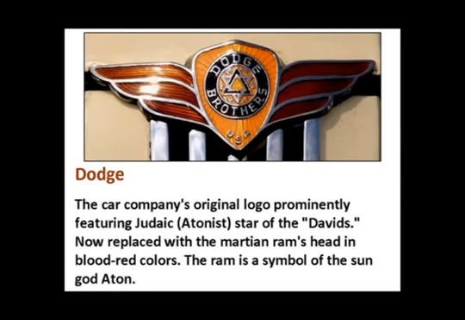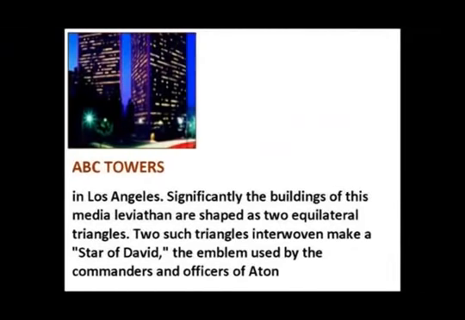And we emphasize, of course, that the ram is the symbol of Aries, which was sacred to the god Aton and to the Atonists. ABC Towers, a media network area in Los Angeles. Significantly, the buildings of this media leviathan are shaped like two equilateral triangles. Well, two such triangles interwoven make a Star of David again, the emblem used by the commanders and officers of Aton.